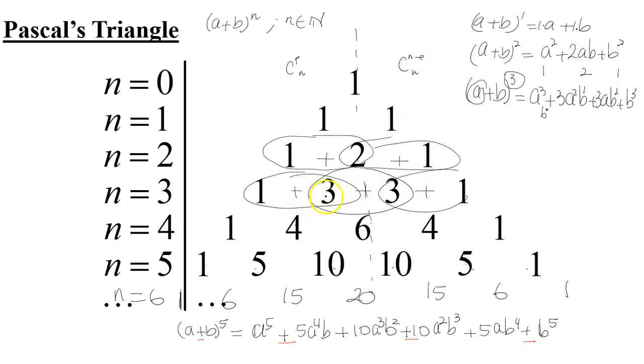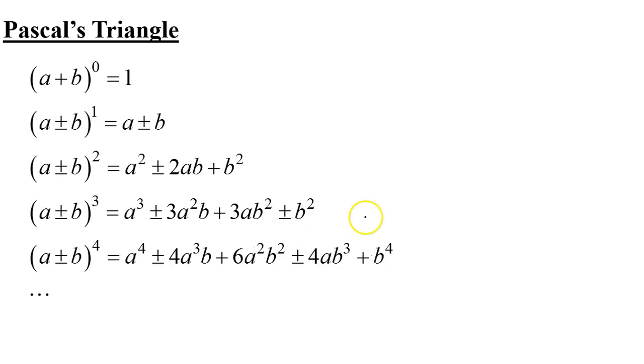So over here, if this is the combination of 1 out of 4, then it would be the same as the combination of 3 out of 4. So these coefficients are combinations with n as the total number of objects, and each having its rank as the number of selections.